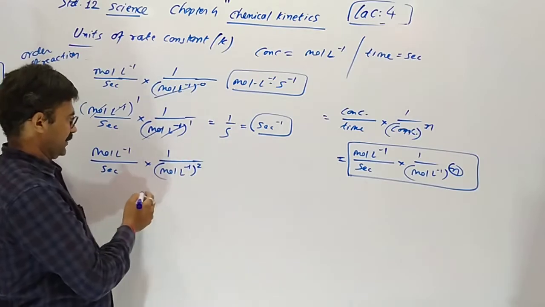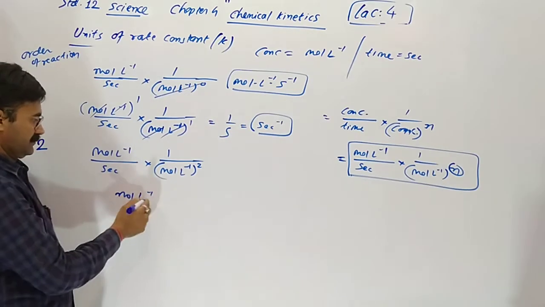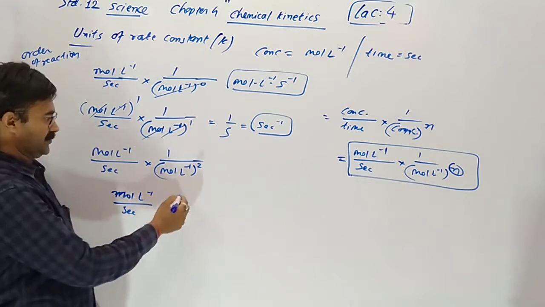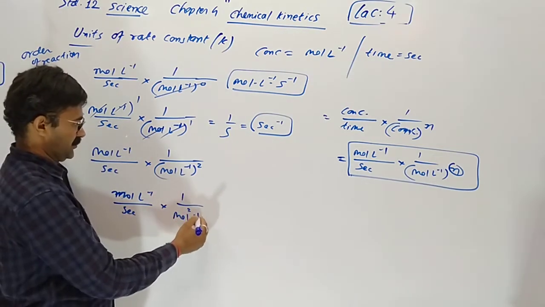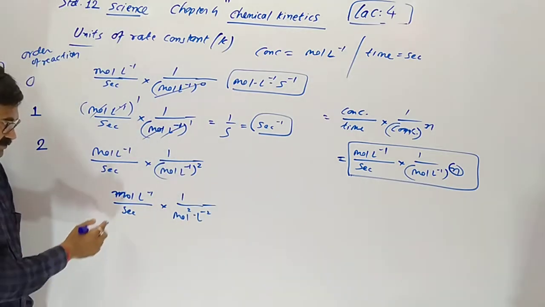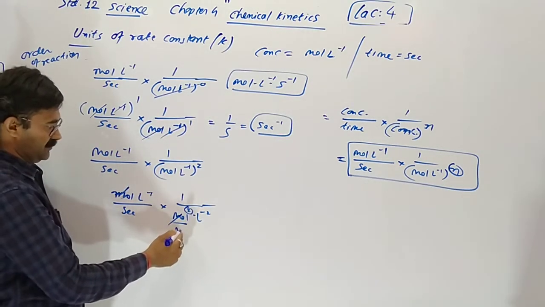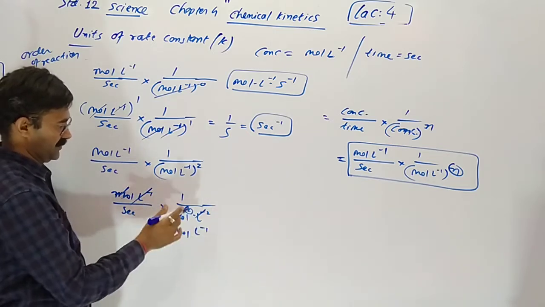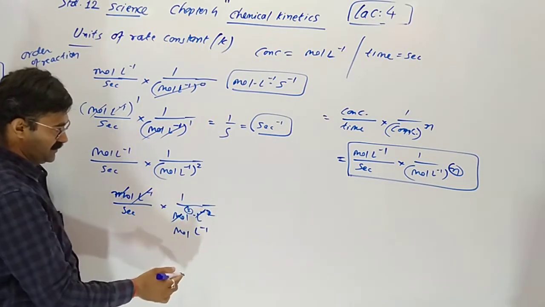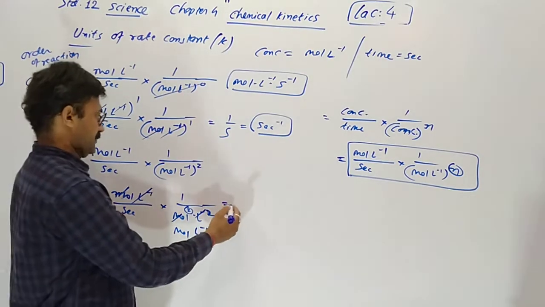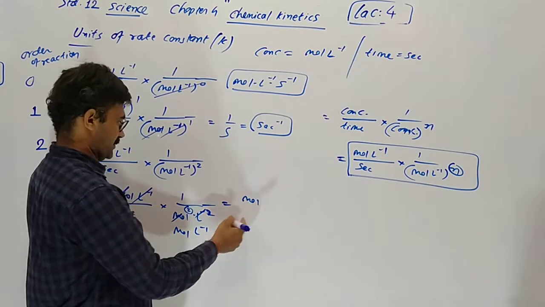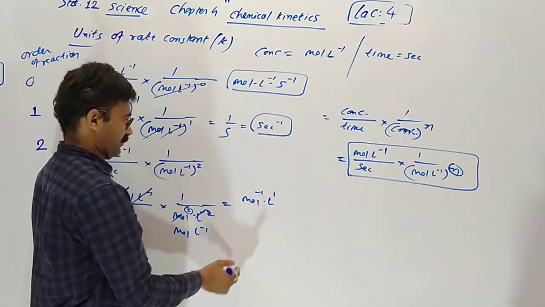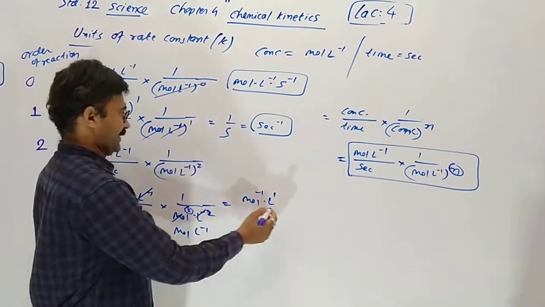So one time mole per liter cuts, leaving mole raised to -1, liter raised to 1, second inverse. Mole cuts one time, liter inverse cuts one time. So mole inverse comes, liter inverse becomes liter 1, second inverse.